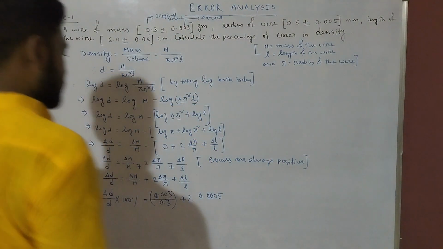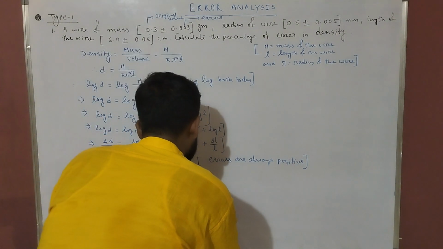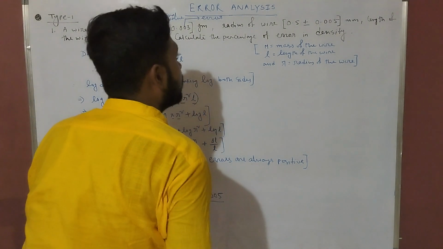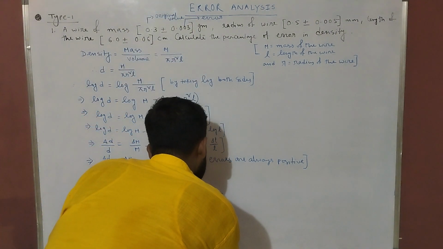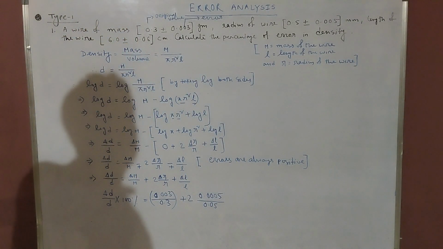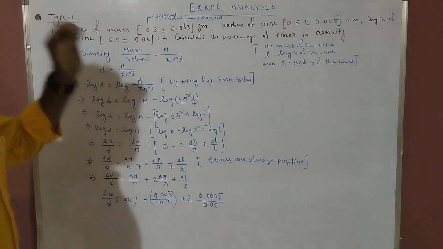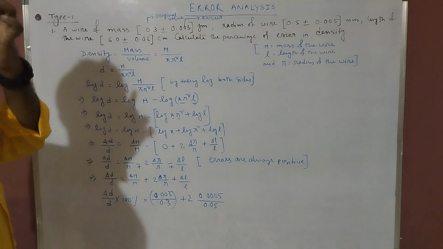Understood or not? This will be the value of del r, and r will be 0.05. At first you have to convert all values in one system, CGS or SI.